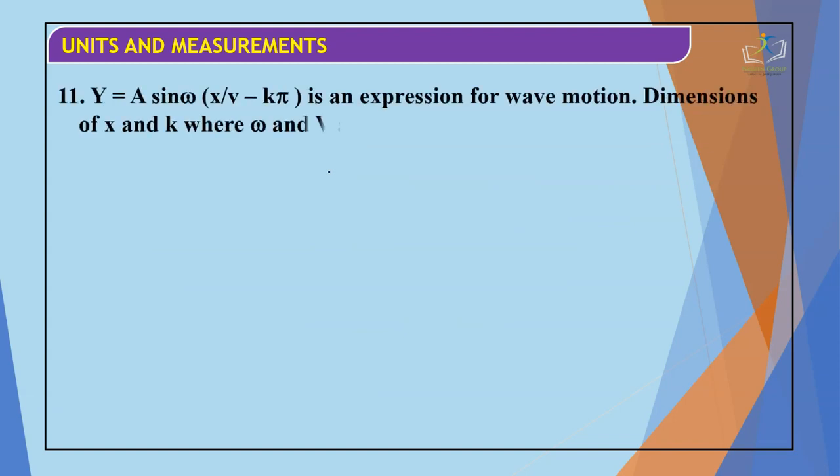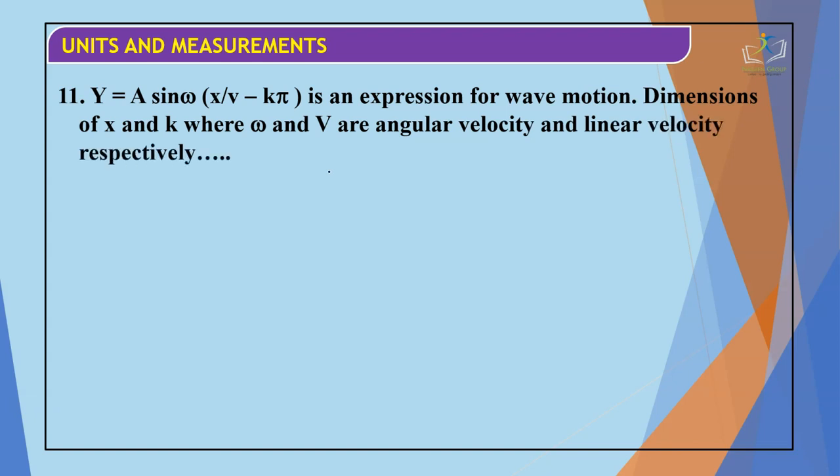Next question we have, y is equal to a sine omega x by v minus k pi. This is an expression for a wave motion. What are the dimensions of x and k, where omega and v are angular velocity and linear velocity respectively?